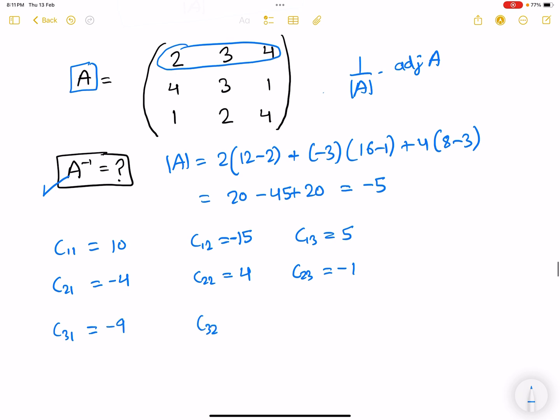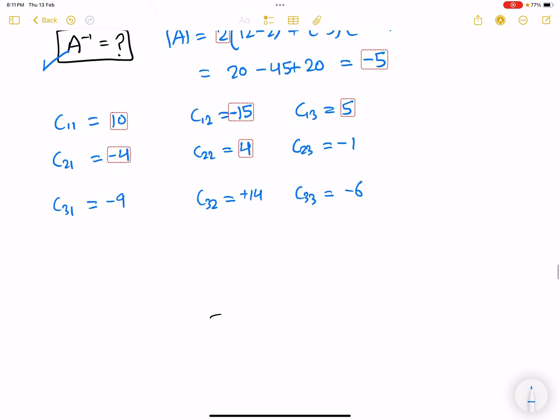C32, 2 minus 16, minus 14, since 3 plus 2 is odd, so minus of minus 14, it would be plus 14. Then C33, 6 minus 12, minus 6.